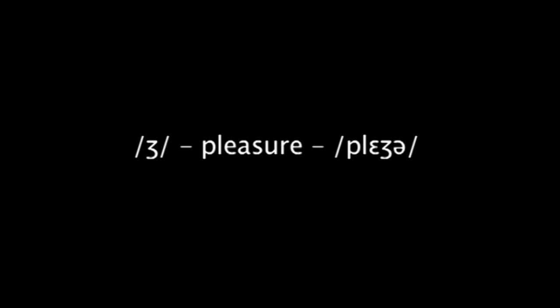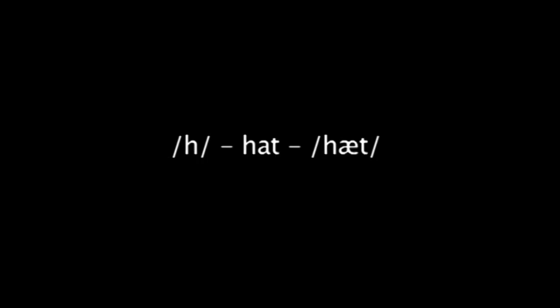This comes only in the middle of a word, like in the word pleasure. Then we have h as in hat, l as in leave. In this sound, the long e is used. Then we have r as in red, y as in yet, w as in wet.